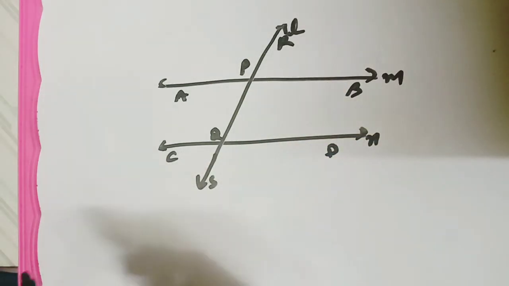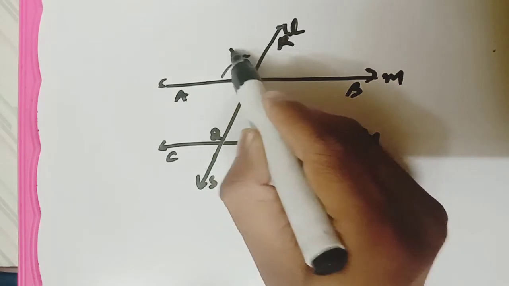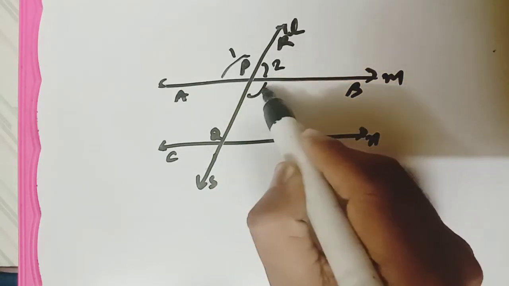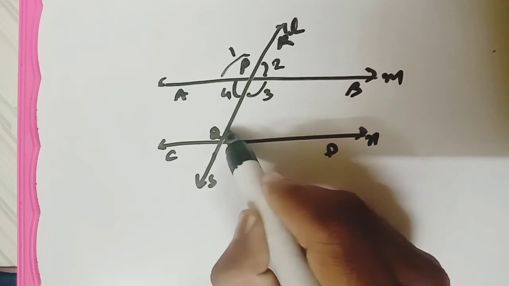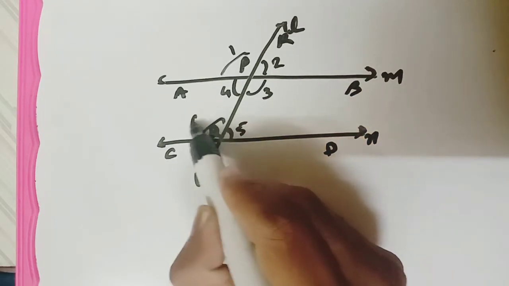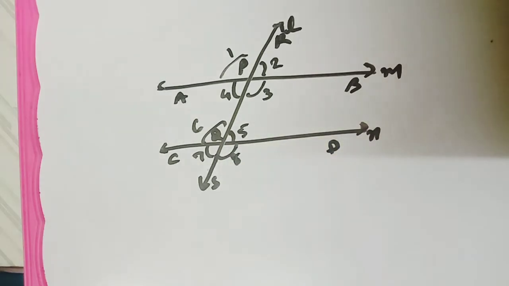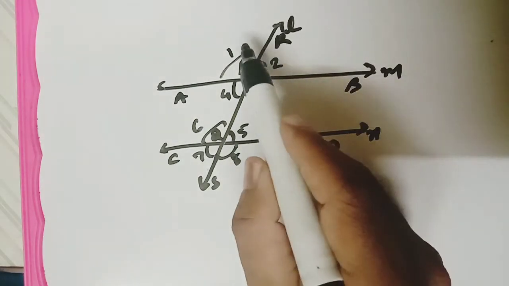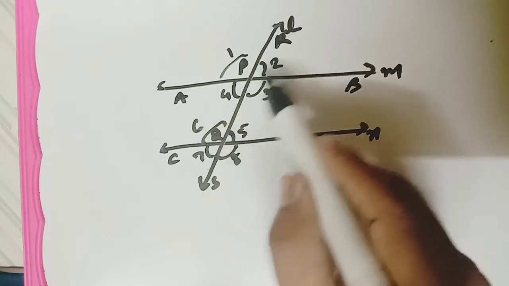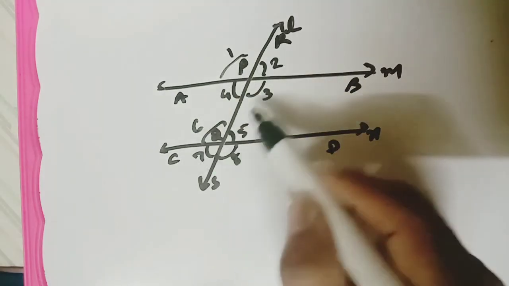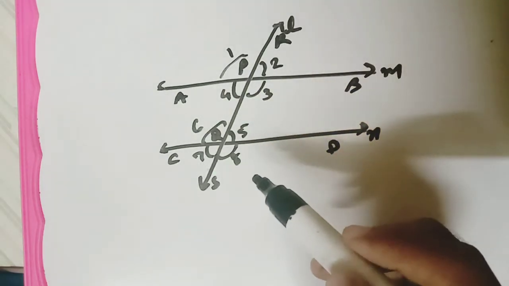These angles can also be written as angle 1, angle 2, angle 3, angle 4, angle 5, angle 6, angle 7 and angle 8. So again angles 1 and 6, 2 and 5, 4 and 7, 3 and 8 are corresponding angles.